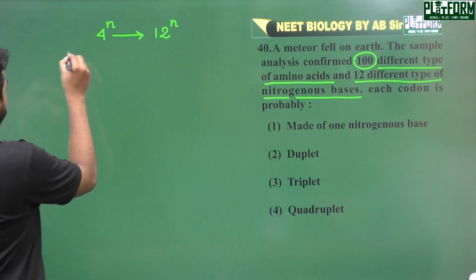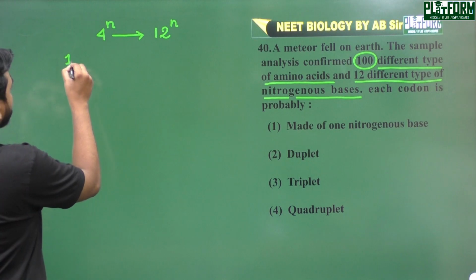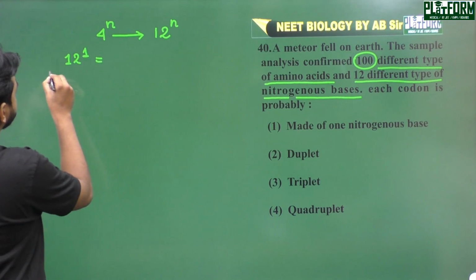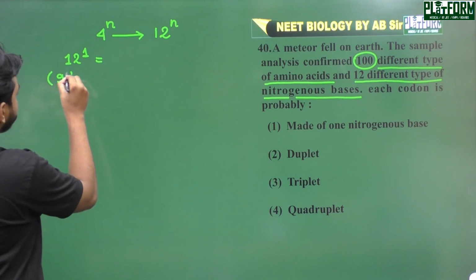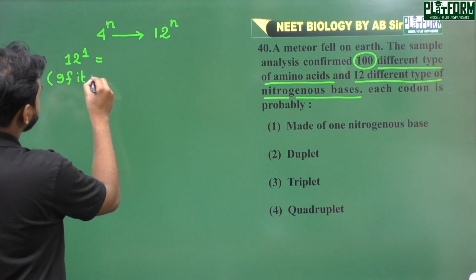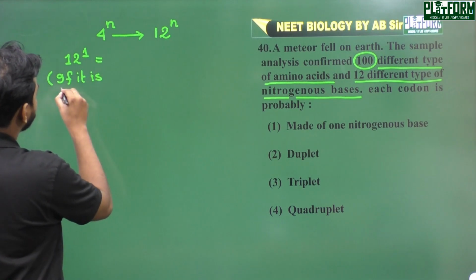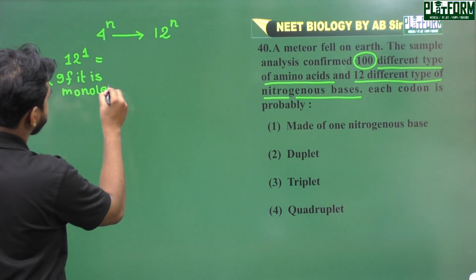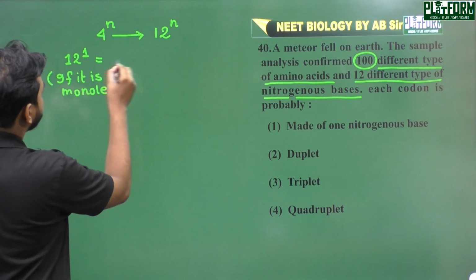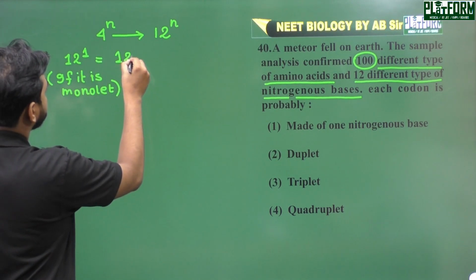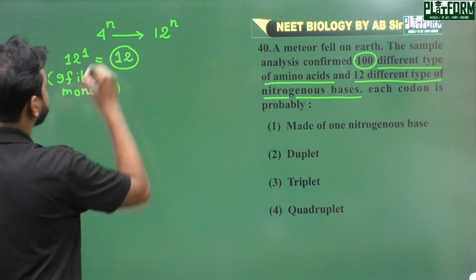Now, if 12 to the power 1, let's assume the genetic code is monolith. If it is monolith, then it will be 12 to the power 1, that means 12.